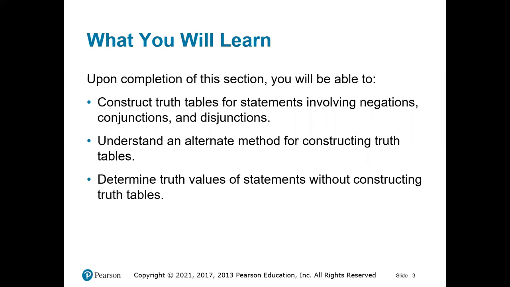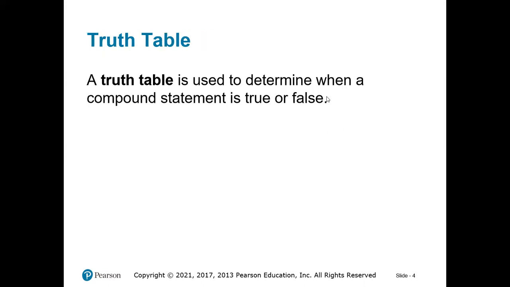And at the end, if I give you a compound statement, a statement that combines more than one simple statement, and I give you the truth value of these simple statements, can you give me the truth value of the whole compound statement? You will see what I'm talking about later. A truth table is used to determine when a compound statement or any statement is true or false.